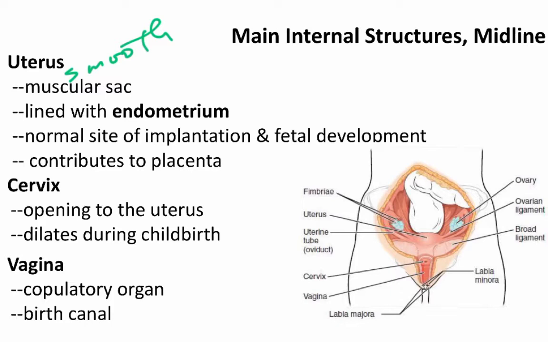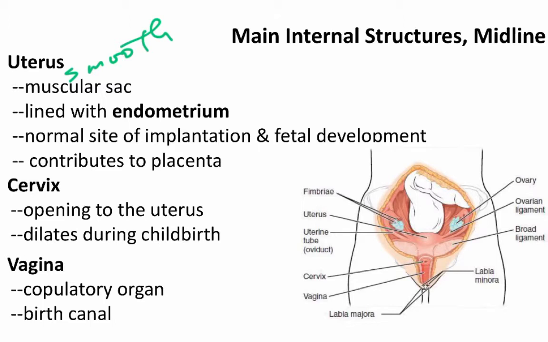The cervix is the opening into the uterus, and the opening is normally blocked by fairly thick mucus. When a woman is pregnant, that mucus becomes even thicker.